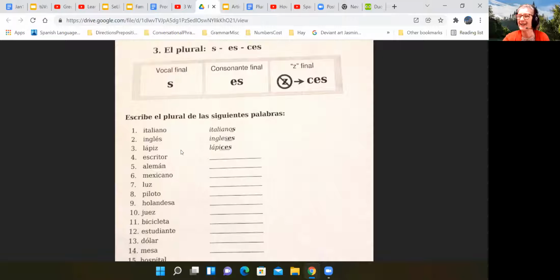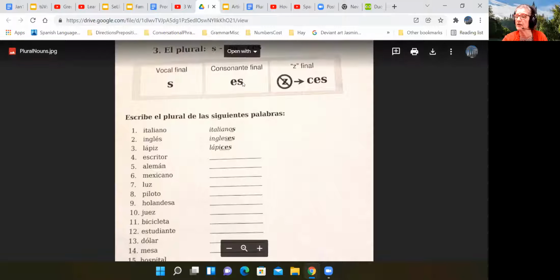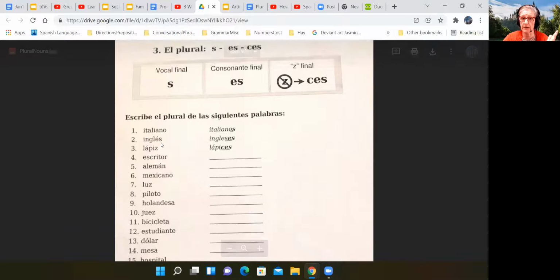However, if the last letter of the noun is a consonant, B, C, L, N, consonants, not A, E, I, O, U, we have to add ES. So inglés, an Englishman, becomes ingleses. We have to add an ES on if the last letter is a consonant.